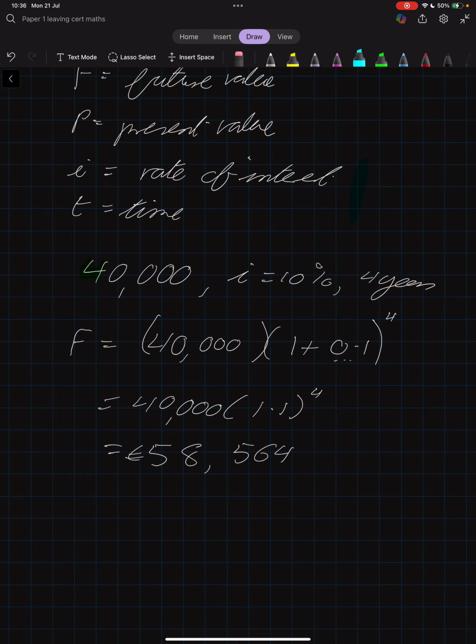If they say your interest rate is 1% per month and it's going for 4 years, in that case you'll have to change T to months, because your interest is in months, and therefore your time has to be in months. So they need to be in the same time unit. If your interest is per year, then this has to be in years. If this is per month, then this is in months. That's the only thing to be careful about there.